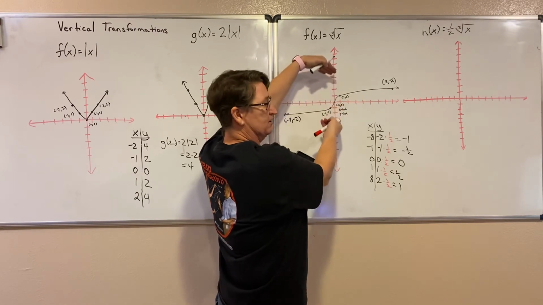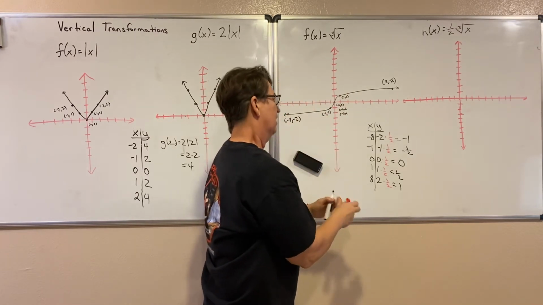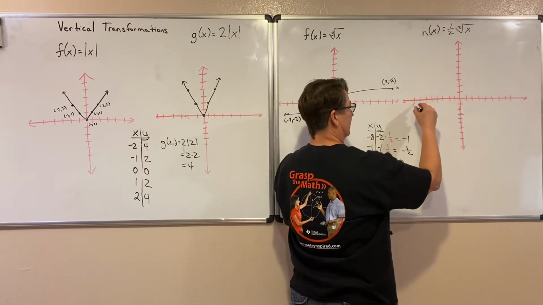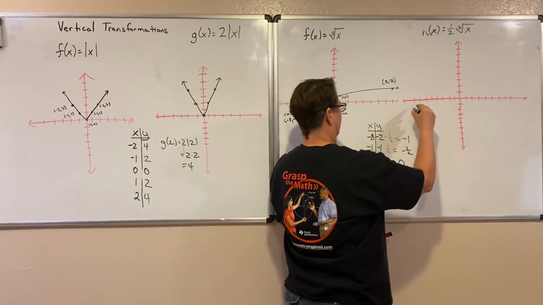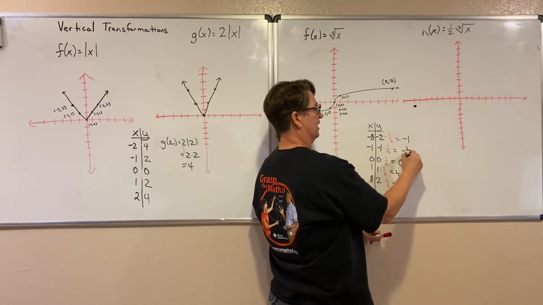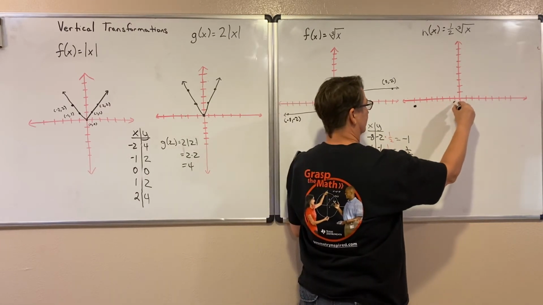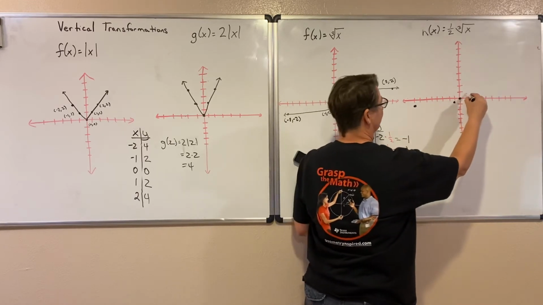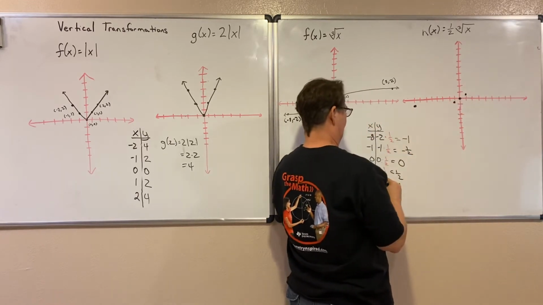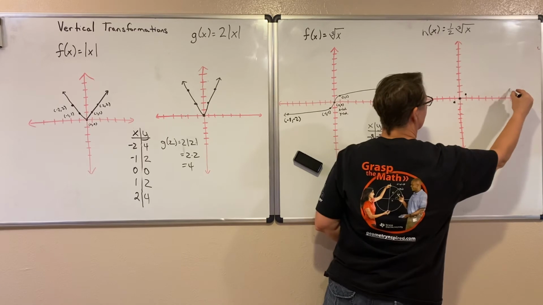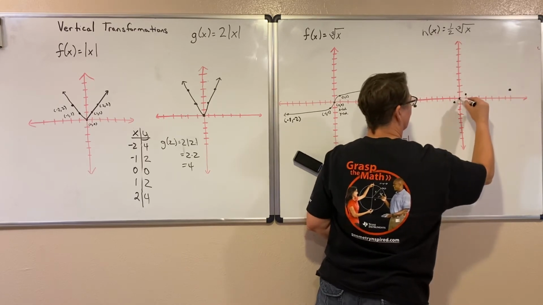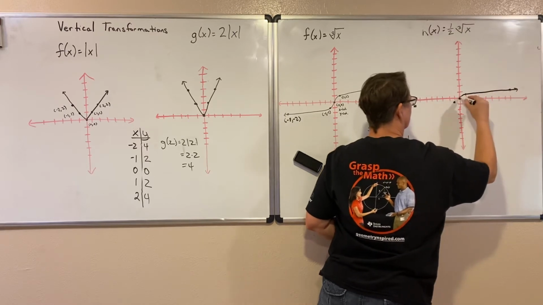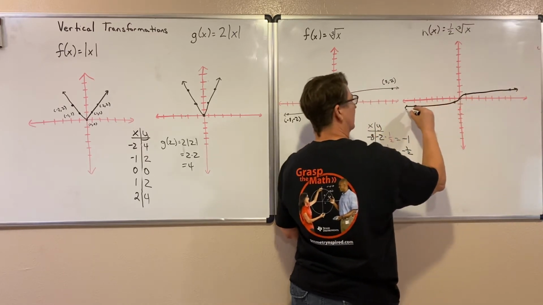It's going to affect us vertically. So that we have a point at -8, -1, -1, -1/2, 0, 0, 1, 1/2, and 8, 1. So that our cubed root function looks something like this.